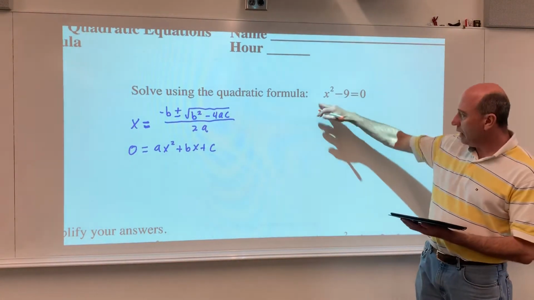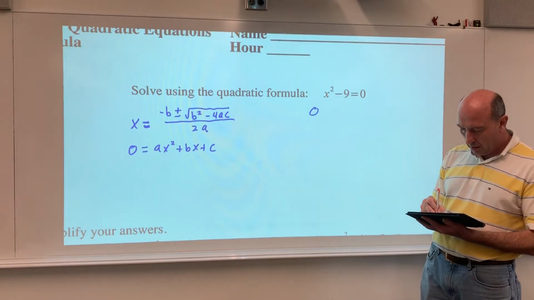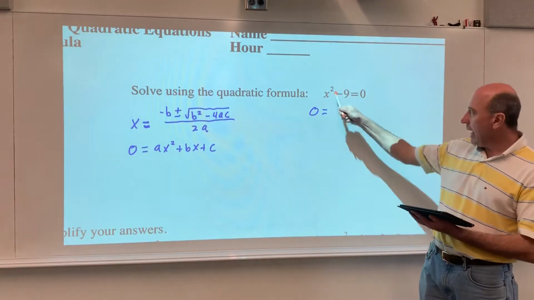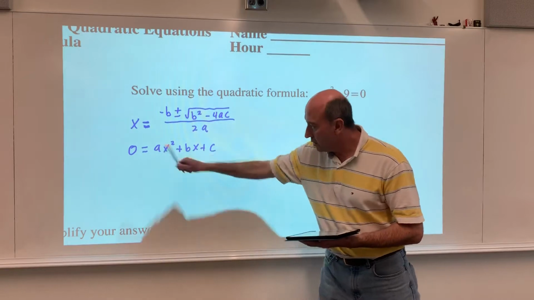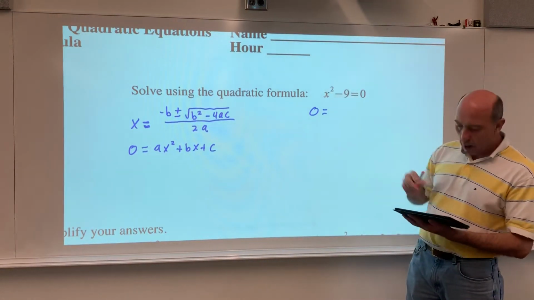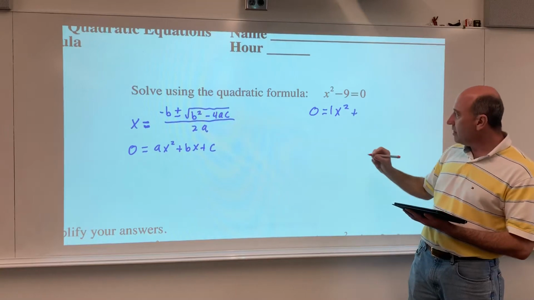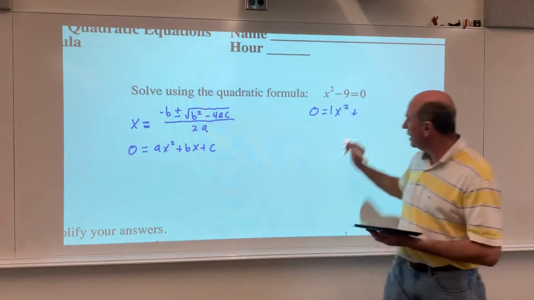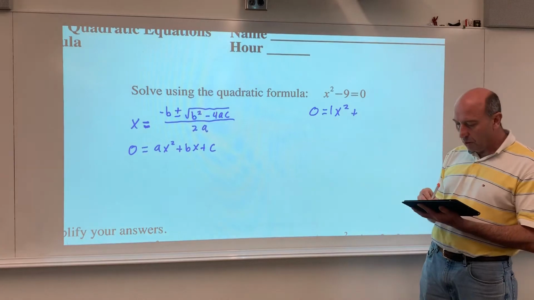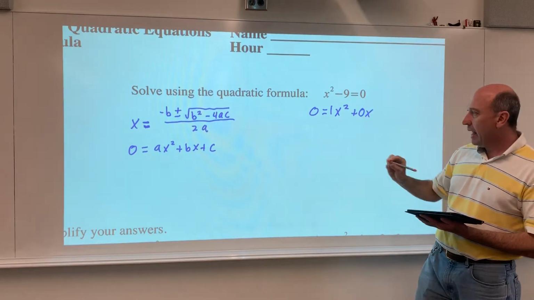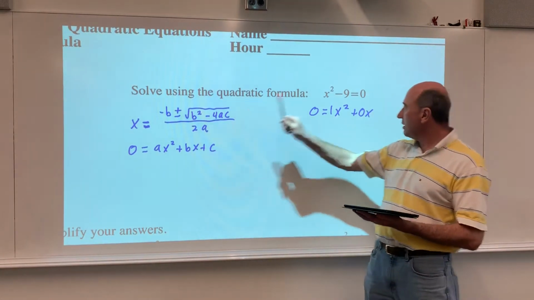We'll put the 0 on this side. 0 equals x squared goes first. The number in front of it is a 1. Then the x term goes next. There isn't one, so I'll put 0x. And the number goes at the end.